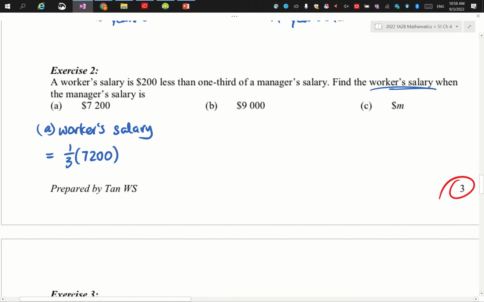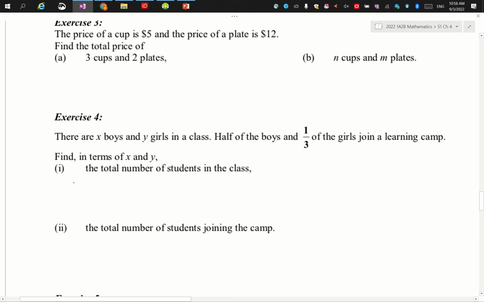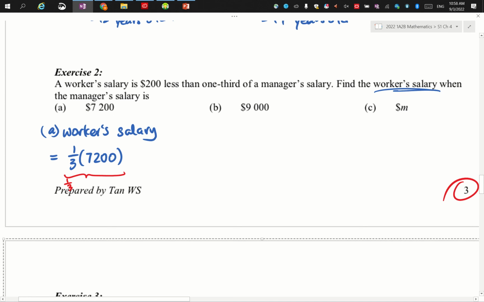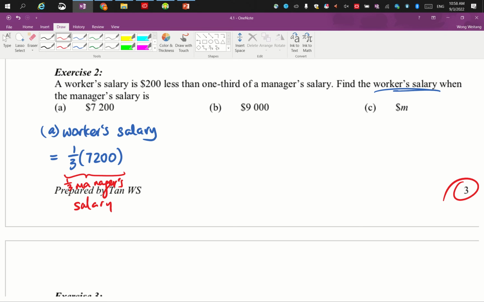Okay, this is known as 1/3 manager's salary. Okay, now the worker didn't earn 1/3. He earned $200 less than 1/3.